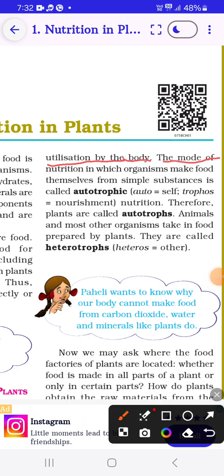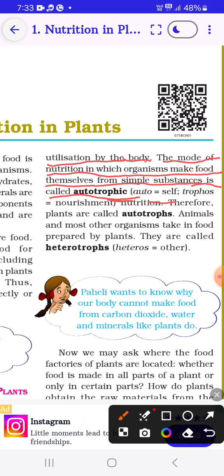The mode of nutrition in which an organism makes food for itself from simple substances is called autotrophic. Autotrophic means: auto means self, trophos means nutrition.